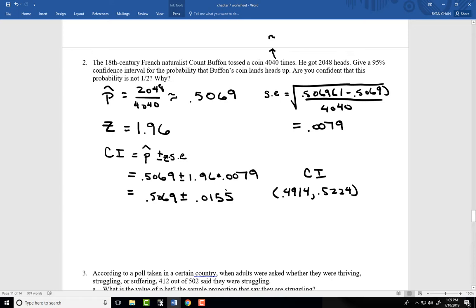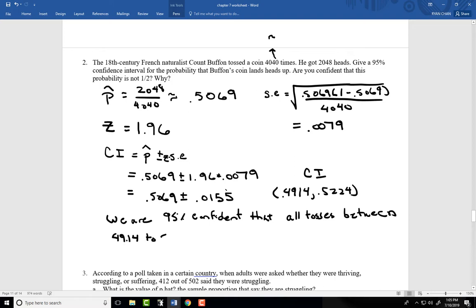So we write the following: we are 95% confident that all tosses between 49.14 to 52.24% will land heads.